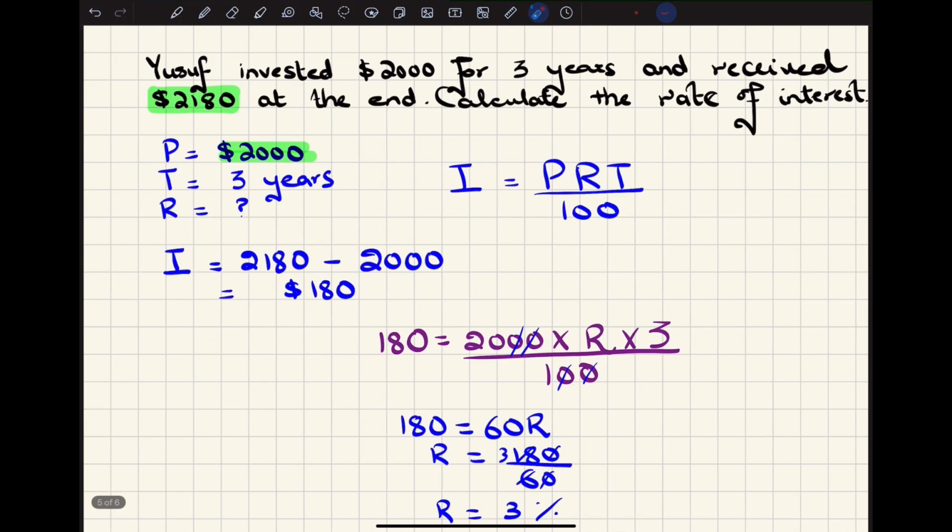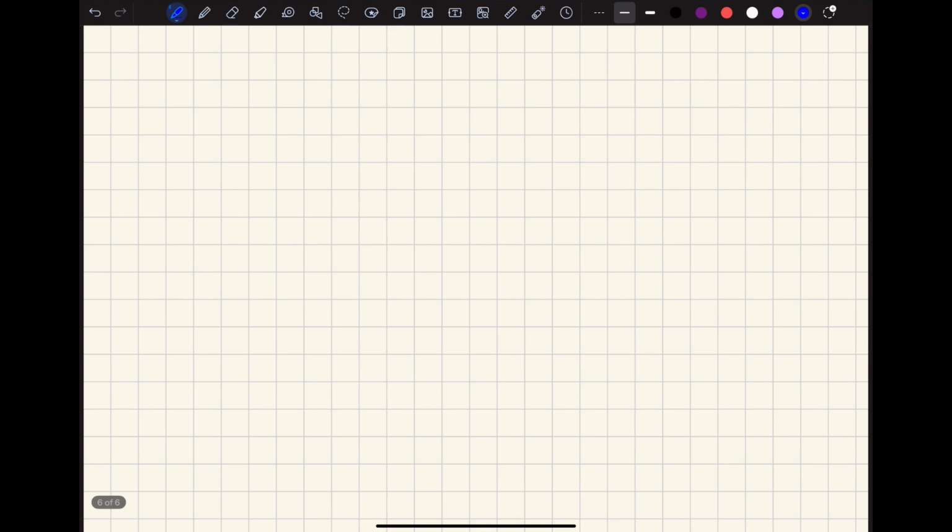And once again, the amount of interest that is charged every year in simple interest is the same. However, that is not the case in compound interest.